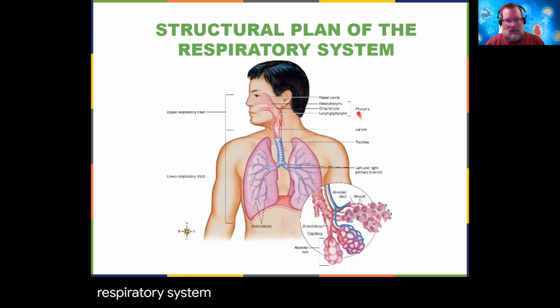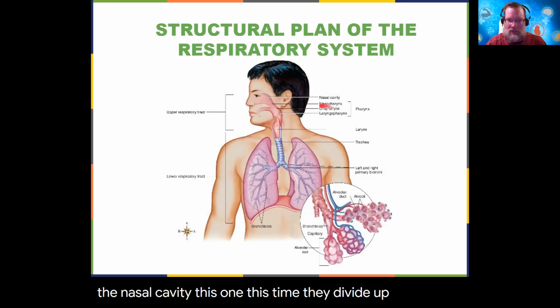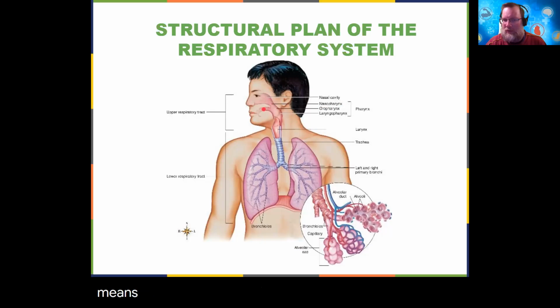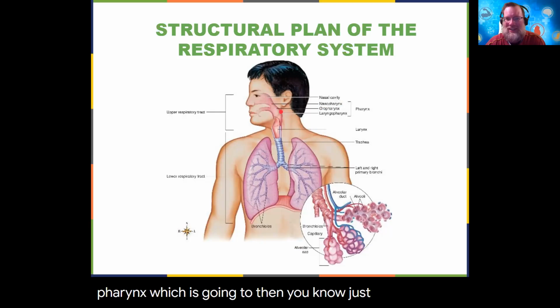Here's another look at it. Again, we see the nasal cavity. This time they divide up the pharynx into nasopharynx, naso and pharynx coming together, and then the oropharynx. Oro means mouth, so the back of the mouth. And then the laryngopharynx, which just connects up with the larynx.